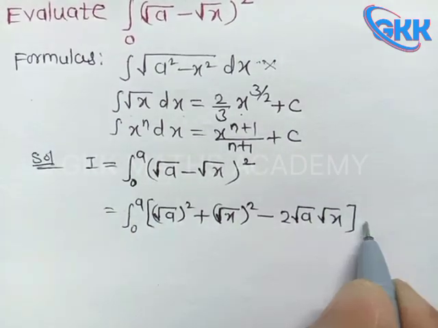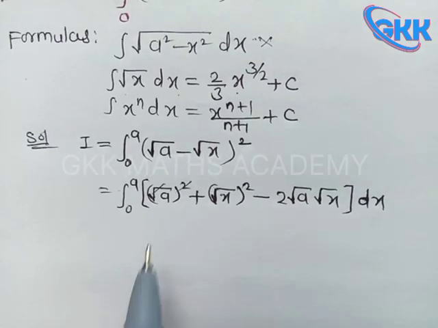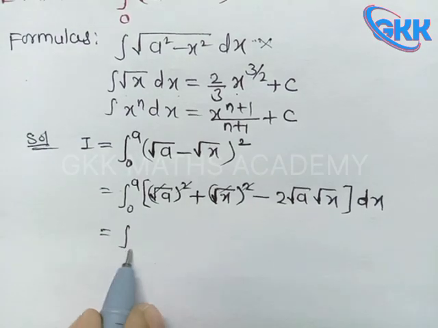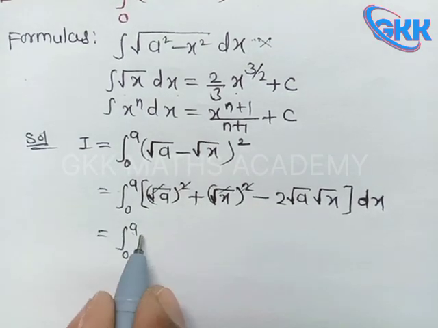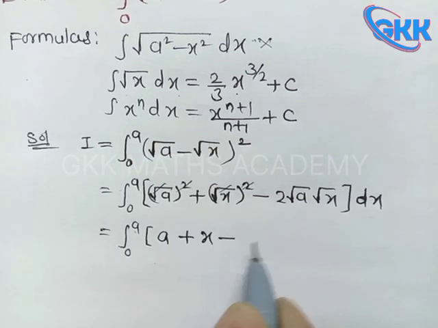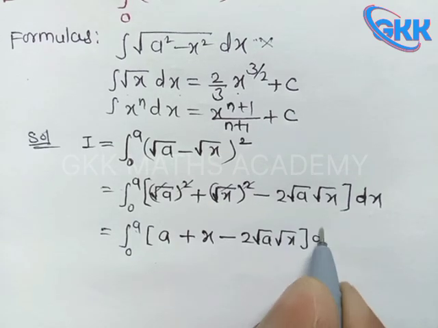Clear all of you? This is the a minus b whole square formula. Now the square roots get cancelled. Here also the square root gets cancelled. Integral of 0 to a, a plus x minus 2 root a root x dx.